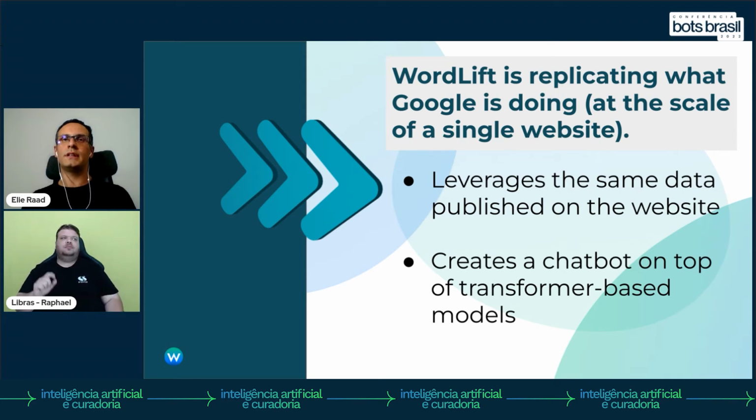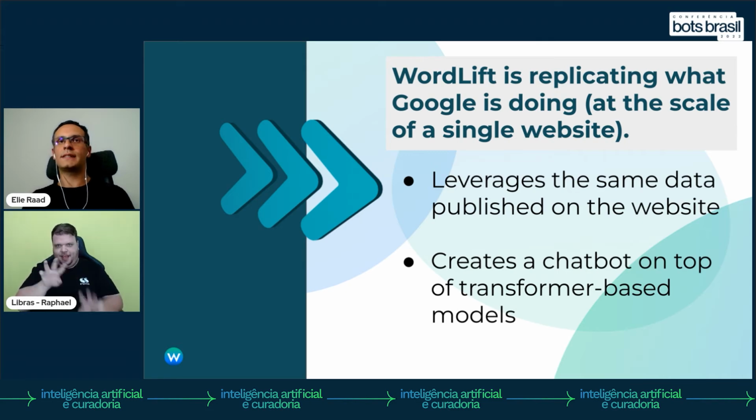This means that WordLift needs to highlight those different sections, like the knowledge panels, or like the FAQ schema, when the user searches on the web. And this is why WordLift is replicating what Google is doing, but on the scale of a single website.